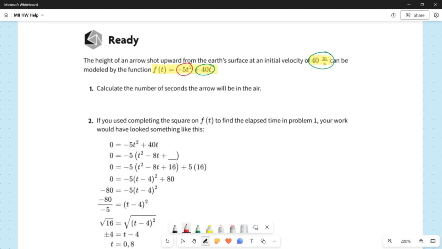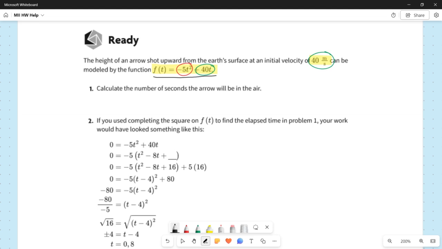Question 1 says, calculate the number of seconds the arrow will be in the air. So there are multiple ways of doing this problem. The important thing to recognize is that our function here, f of t equals negative 5t squared plus 40t, tells us the height of the arrow.